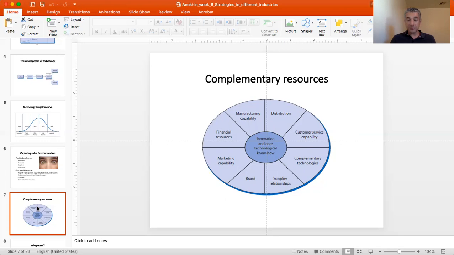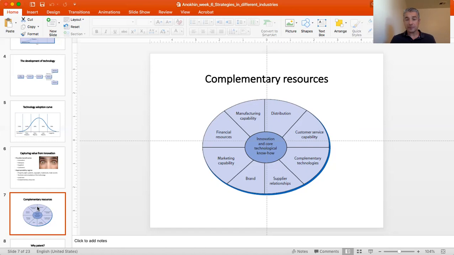If they are specific and you don't control them, then you probably have to share a lot of the value that your technology generates with whoever owns those specific resources. So it's kind of a bad thing, but then at the same time, if this technology requires highly specialized resources, you are also protected from imitation. So it grants you this extension of monopoly, a temporary monopoly that you have, and that's obviously a good thing.